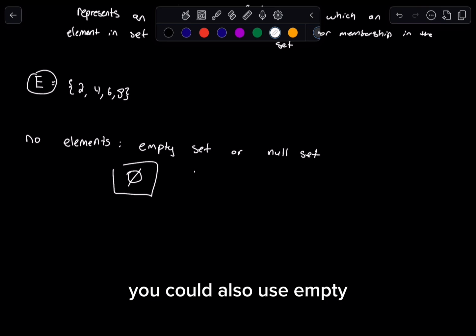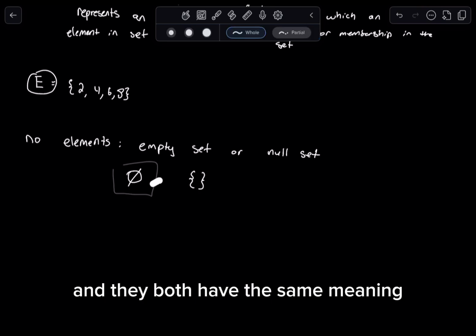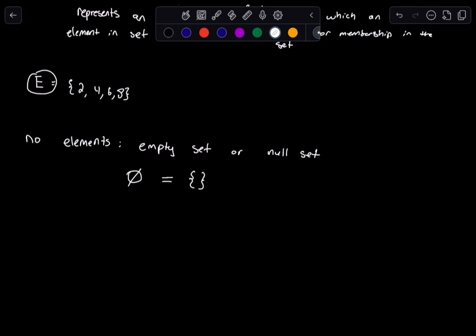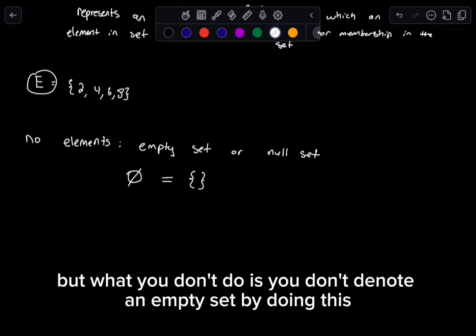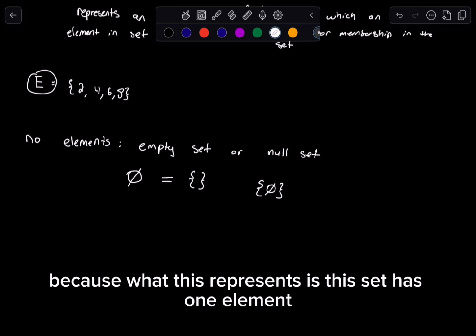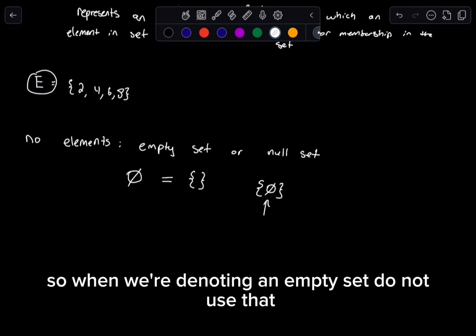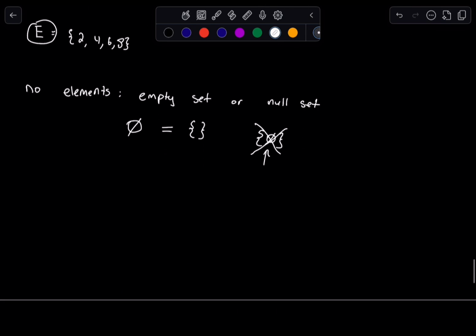You could also use empty curly braces to denote an empty set, and they both have the same meaning. But what you don't do is denote an empty set by doing this, because what this represents is a set with one element, and that element is the empty set. So when we're denoting an empty set, do not use that.